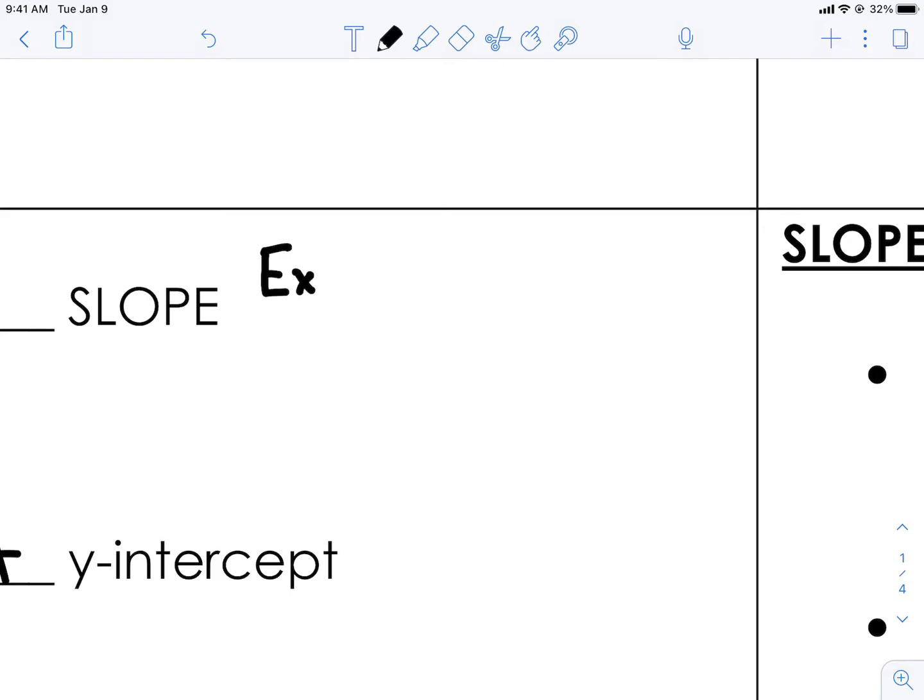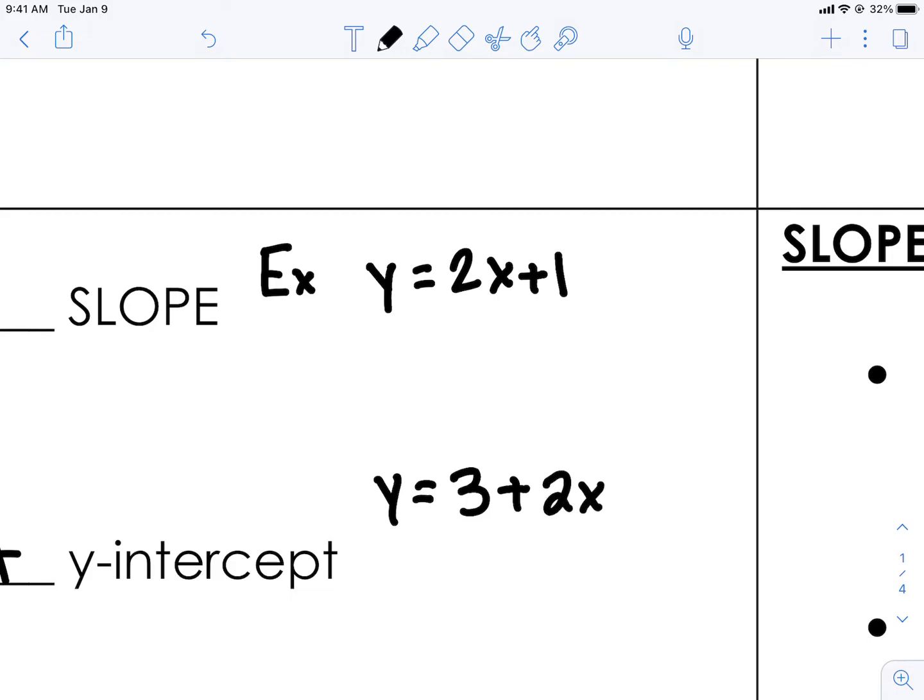If I had the line y equals 2x plus 1, and I have the line y equals 3 plus 2x, let's look at the slopes. Remember, the slope, when in slope-intercept form, is the number in front of the x. So on this first line, my slope is 2.